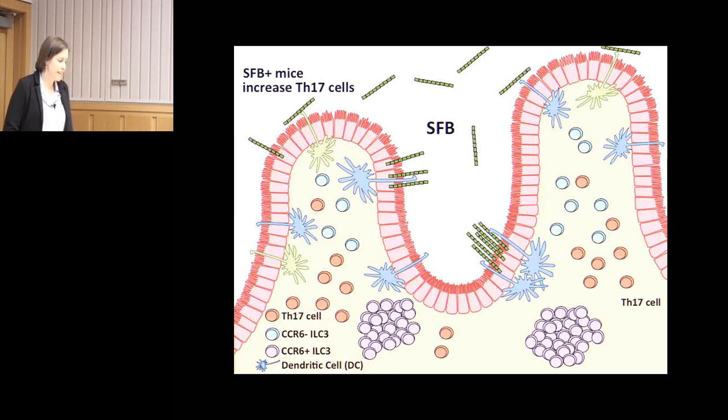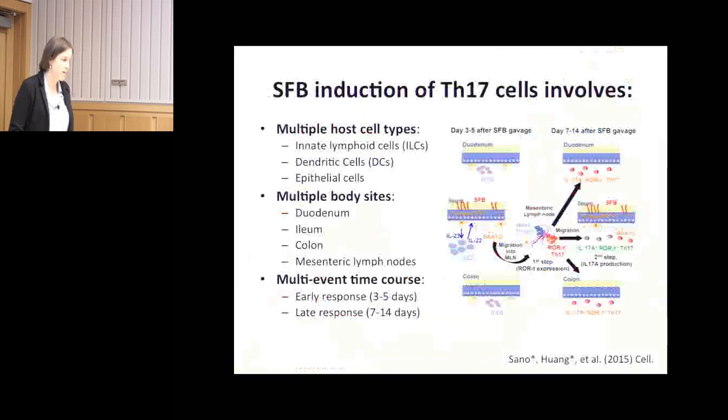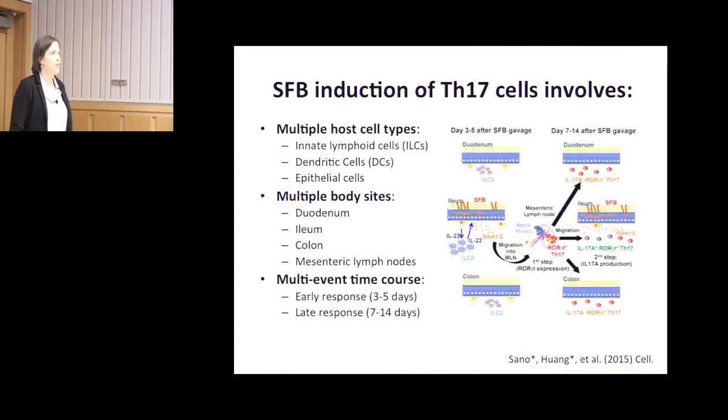And one of the things that I'd like to summarize here is that if you start off with mice that don't have SFB, and then you give them, say, a fecal gavage containing SFB, the process of induction of Th17 cells involves multiple host cell types, takes place in multiple body site locations, different parts of the intestine, involves mesenteric lymph nodes, and then the expansion of Th17 cells unfolds over a time course.